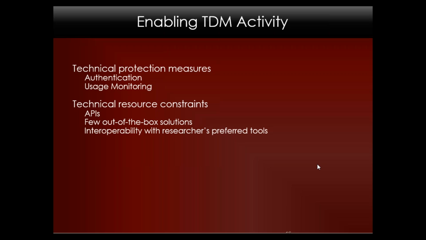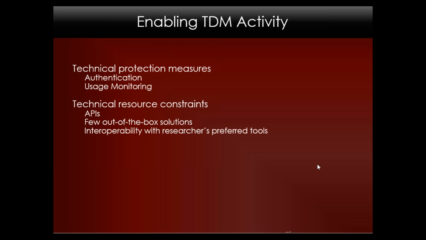They are concerned about protecting their digital assets against inappropriate use, but most content providers are interested in trying to enable the practice. It's a question of how do we make this happen?